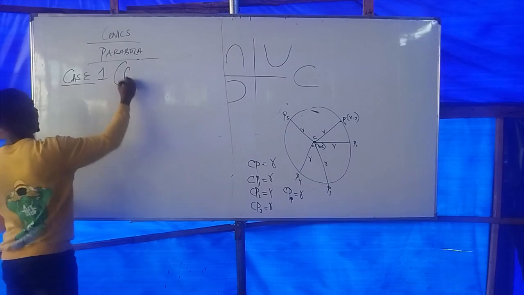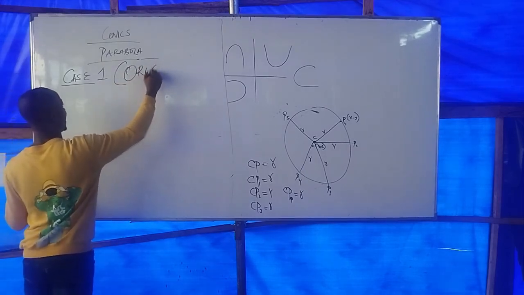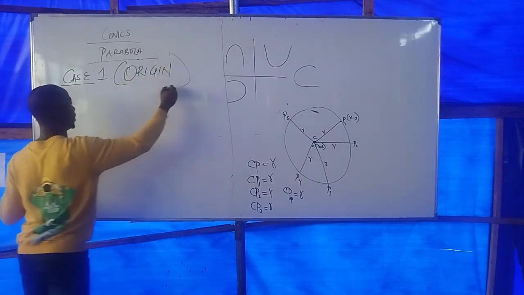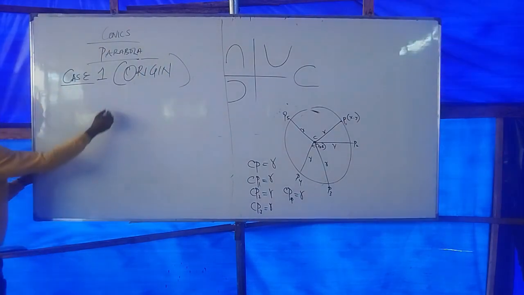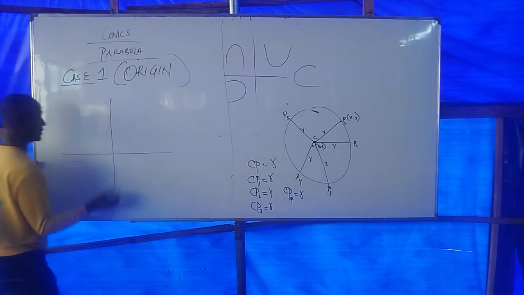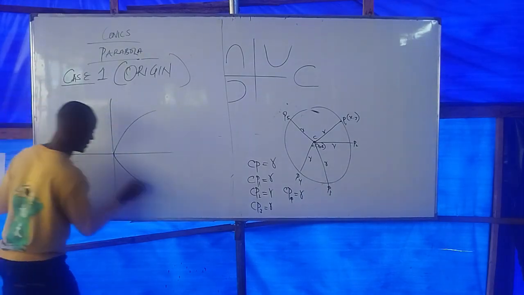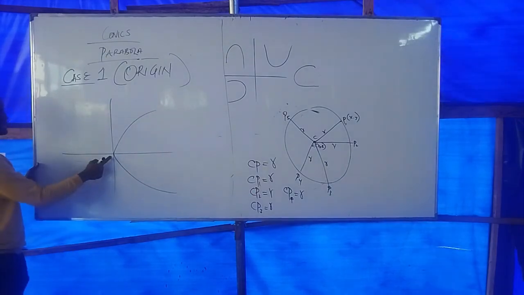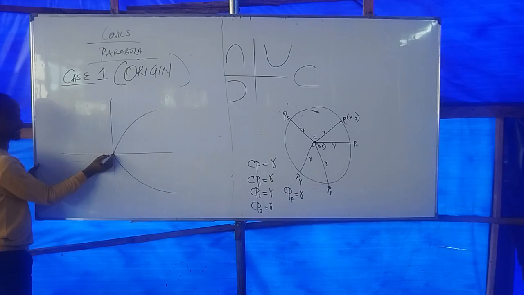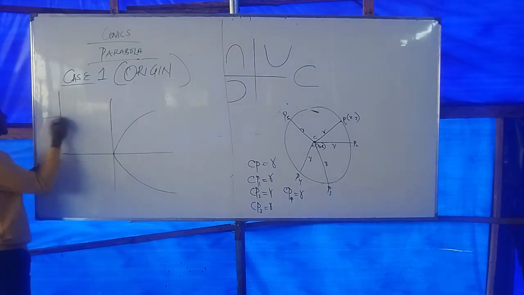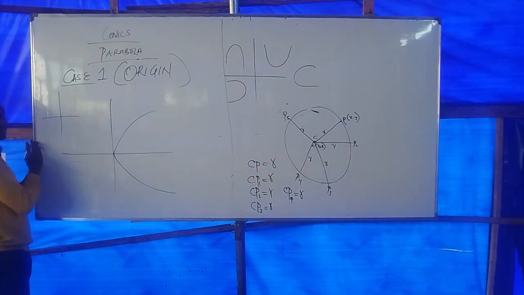Under case 1, I'll be talking about when the parabola is placed at the origin. So if I have a Cartesian diagram and the vertex is at the origin, origin simply means that the value of x and y is equal to 0, right?